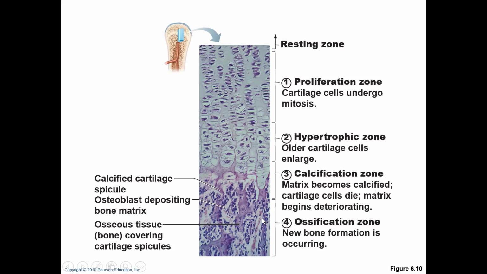And as cells die in the epiphyseal plate, those cartilage cells are eventually replaced by bone. And what's replacing them with bone are osteoblasts. So as long as cartilage cells are alive in the epiphyseal plate, you could still be developing in length, which is called interstitial growth.